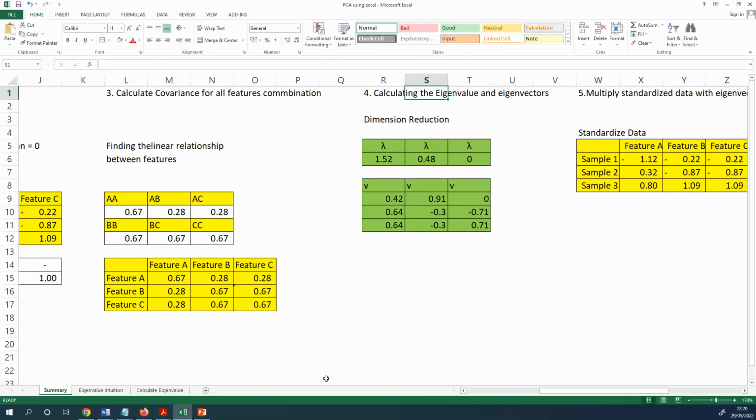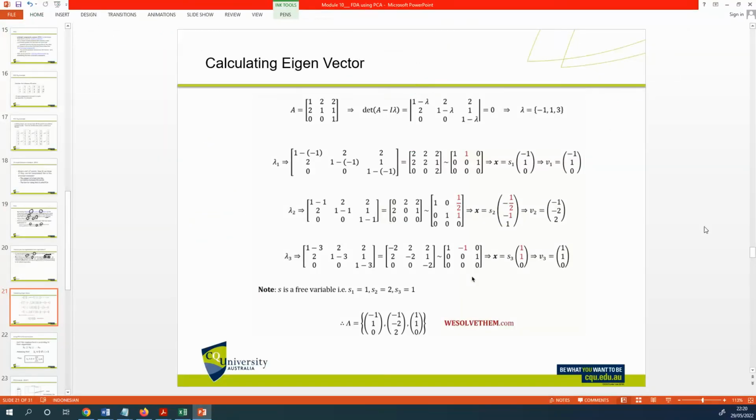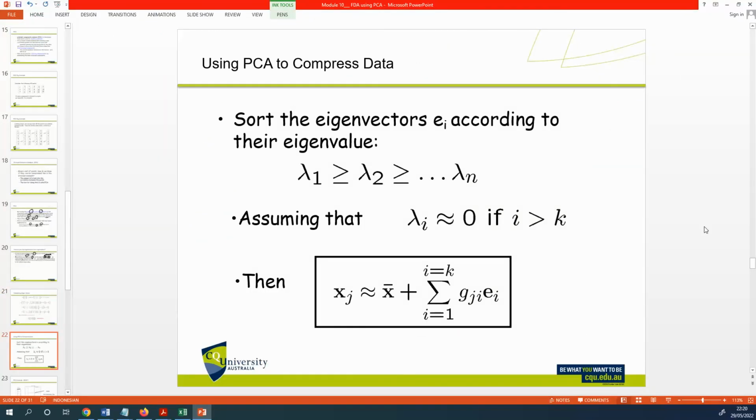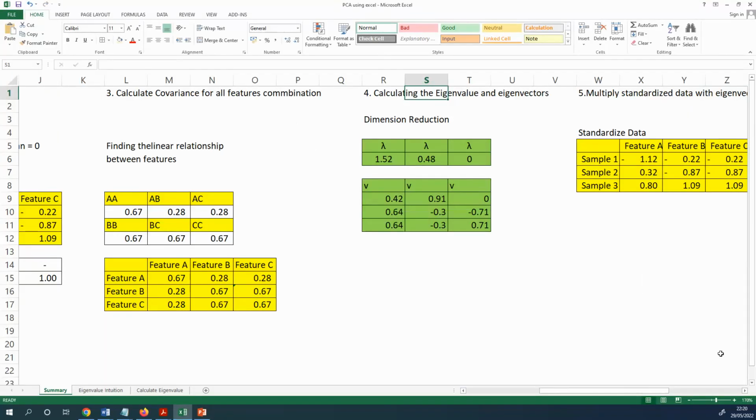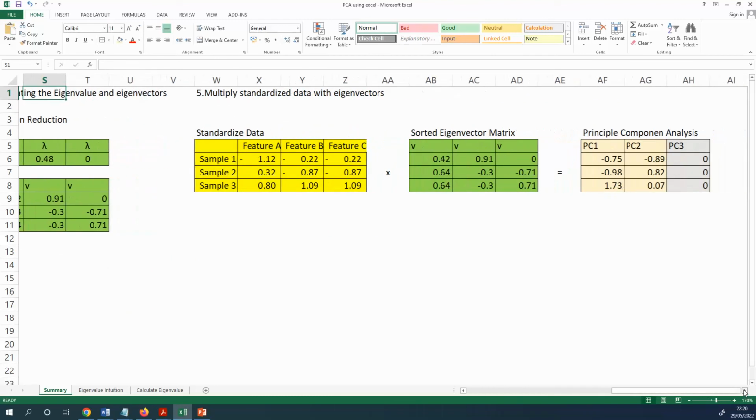So what next? Next, after we understand the eigenvector, we compress. We continue to multiply the standardized data with the eigenvector.